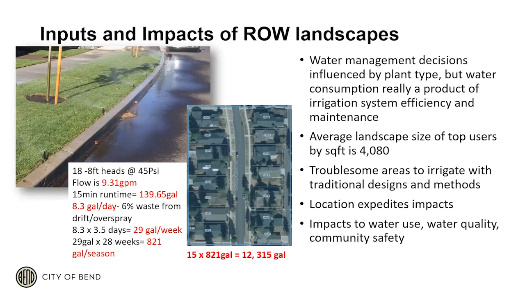There are ways to make it better and more efficient. We just need to get the industry educated and maybe rethink what we're putting in here as far as irrigation and landscape, so that everybody can do it seamlessly, and not everyone needs to become an irrigation expert.